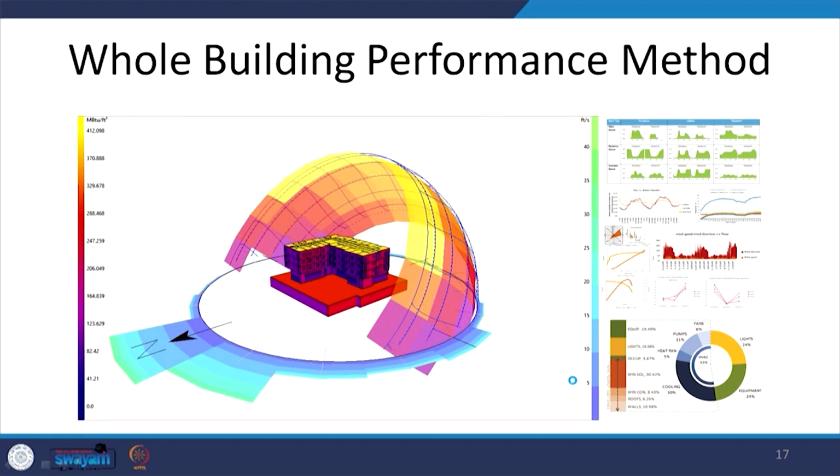So, for the whole building performance method, the system that we have to use is that of simulation. We use simulation tools where we make a computerized model of the building in terms of its energy use, the kind of materials which are going to be used, its orientation and all the parameters which affect the energy performance of the building.